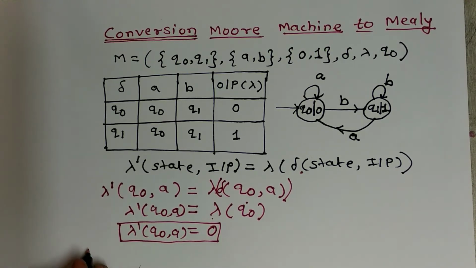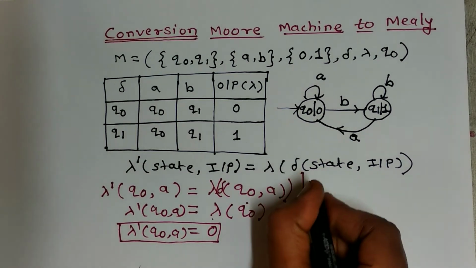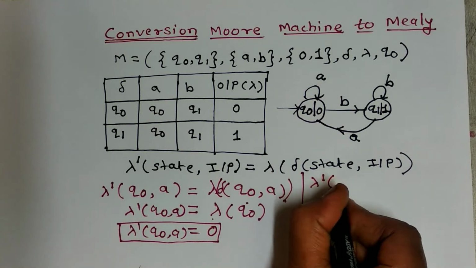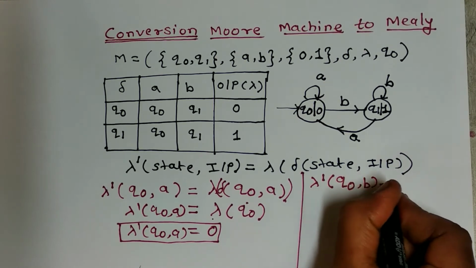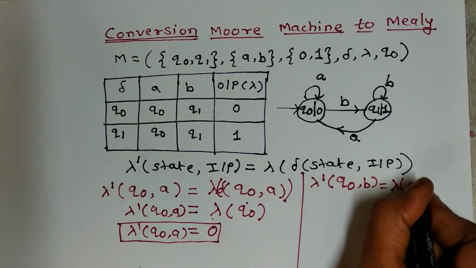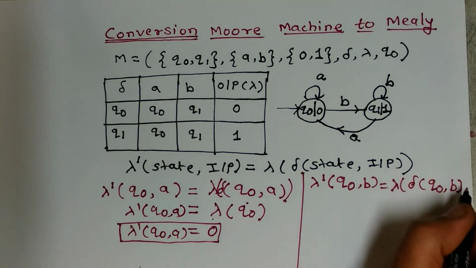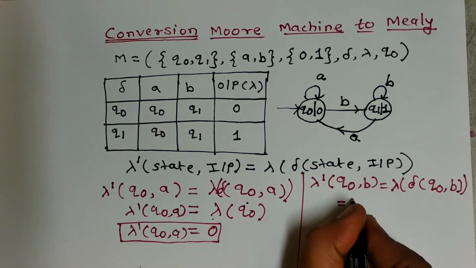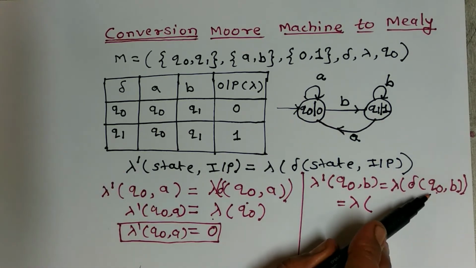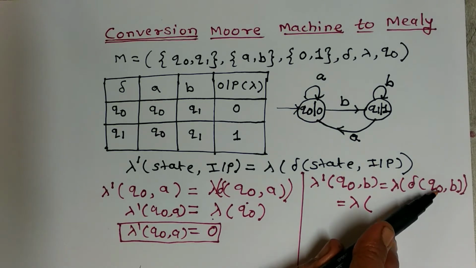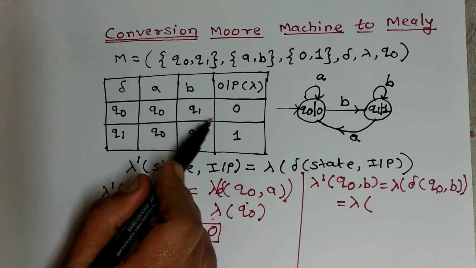Lambda dash of Q0 comma B equals lambda of delta of Q0 comma B. What is the meaning of delta? Q0 by taking B goes where? Q0 by taking B goes to Q1.